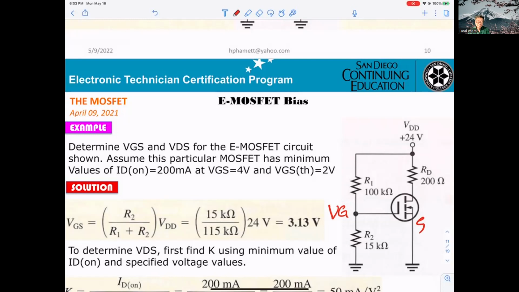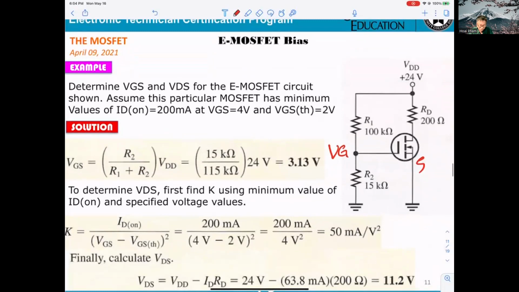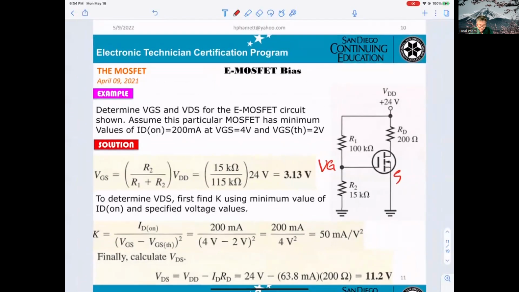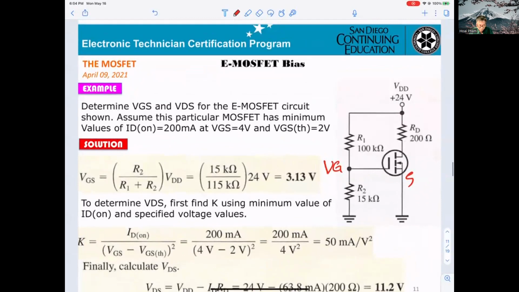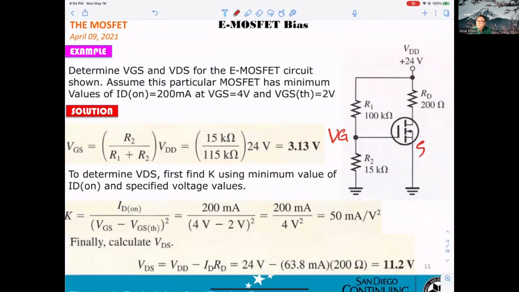To determine VDS, first you need to do the calculation for the K, like we already did. K equals ID(on) divided by (VGS minus VGS(TH)) squared. That gives you 50 milliamp per volt squared.